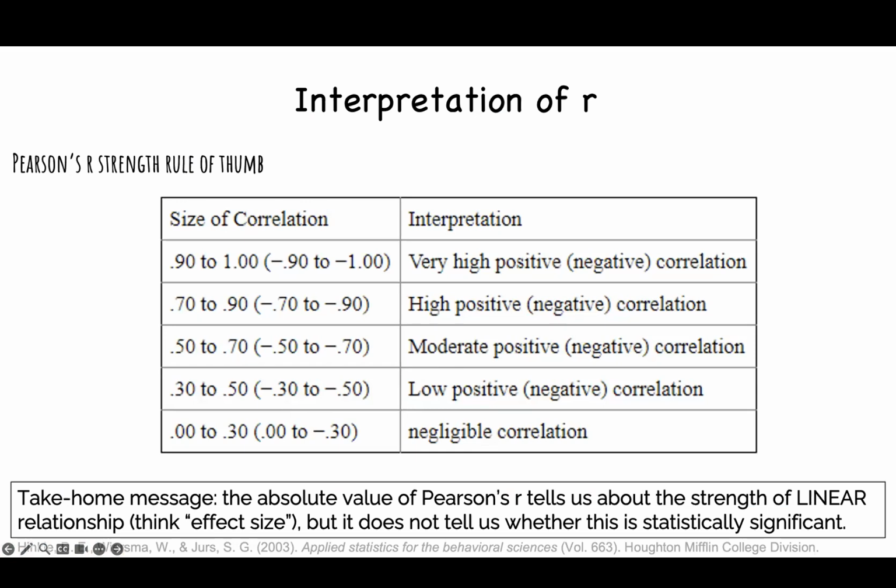So the take-home message is the absolute value of Pearson's R tells you the strength of the linear relationship, but it does not tell whether this is statistically significant. So we need to look at both the effect size, that's the value of Pearson's R, and the p-value of Pearson's R.